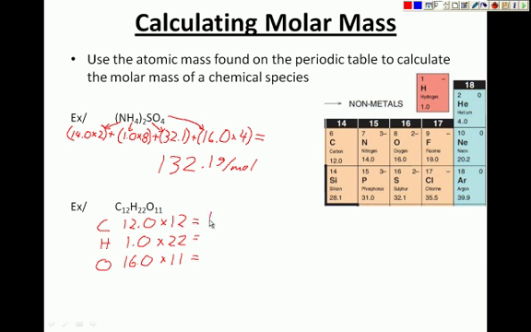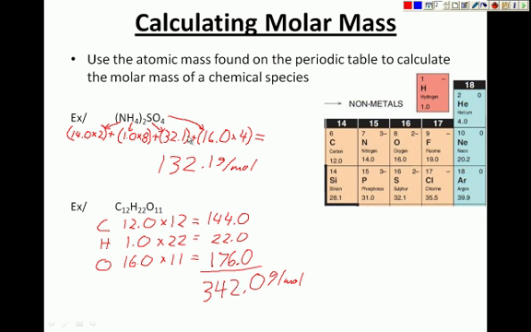Okay, and if we do this, this is going to be 144.0, and this is 22.0, and the final one is going to be 176.0. Okay, and if we add all of these numbers up, what we should get is 342.0. We need to keep those significant figures. Okay, grams per mole.